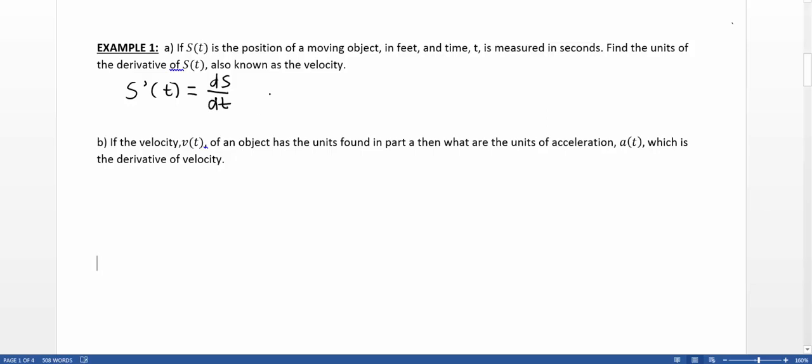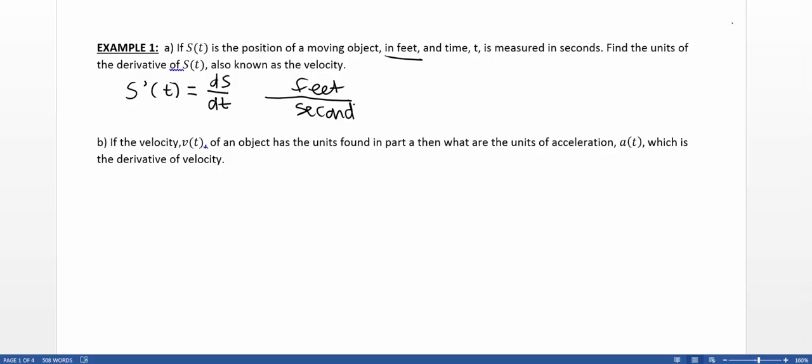Since here s is my dependent variable and t is my independent variable, this particular derivative would be ds dt. So the units here are going to be the units of s, which we said were in feet, over the units of t, which is time, which was measured in seconds. So here, the derivative is going to have the units of feet per second.